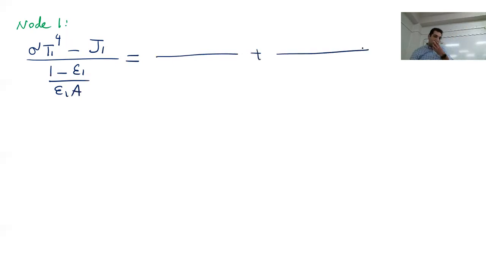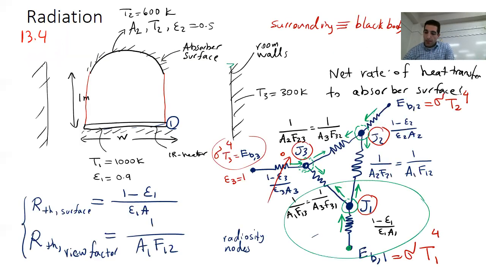Now, let's go back, make sure we understand what we're talking about here. So what we're saying is that Eb1, which is sigma T1 to the power of 4, minus J1, divided by whatever resistance we have in this loop. And remember, from resistance, we typically had Q divided by resistance was delta T, right?